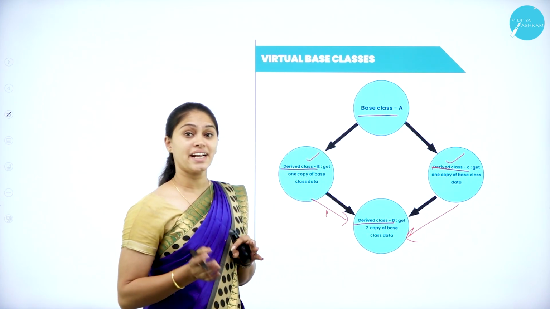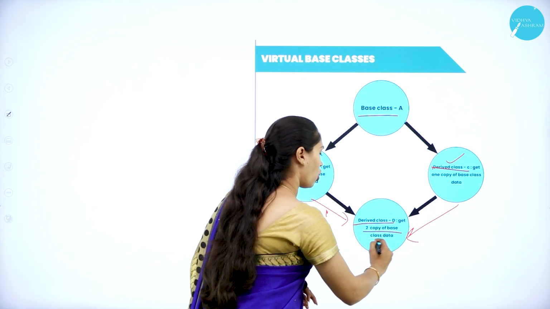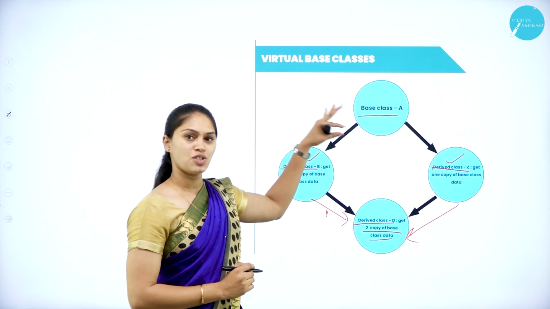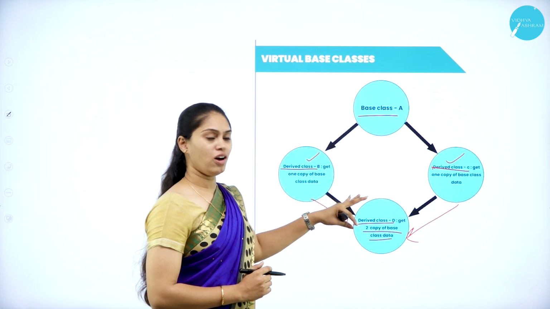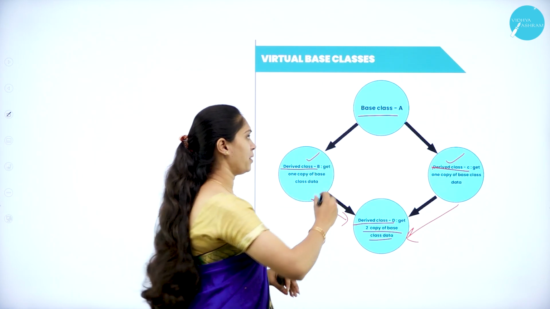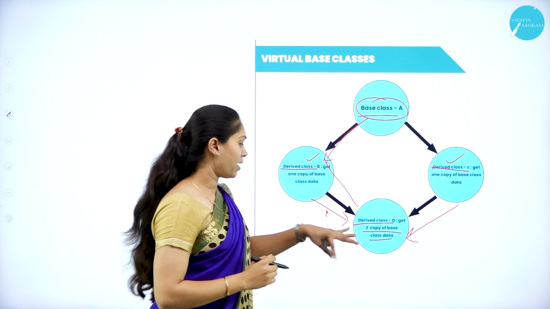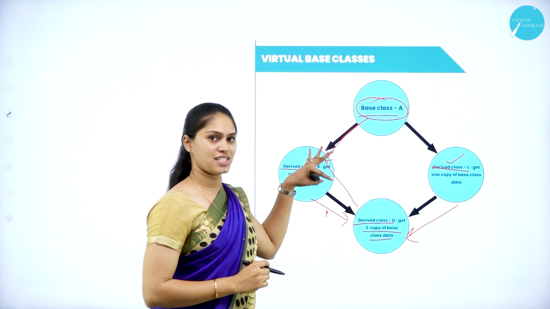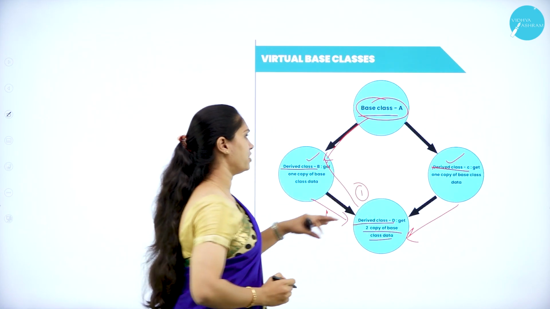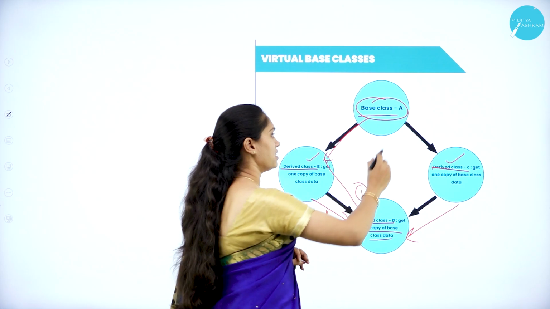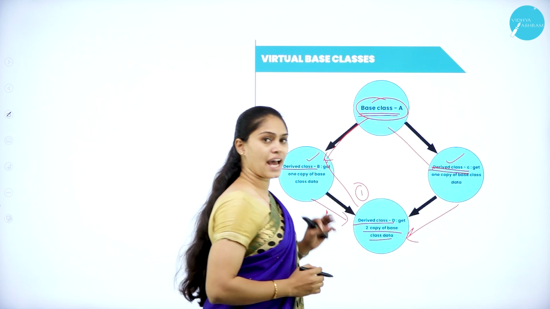What it indirectly means is that it is going to get two copies of the base class data. The content of base class A will be copied to derived class B, and since derived class D is inheriting the features from B, it will have one copy of A. Along with that, the base class A content will be copied to derived class C as well.